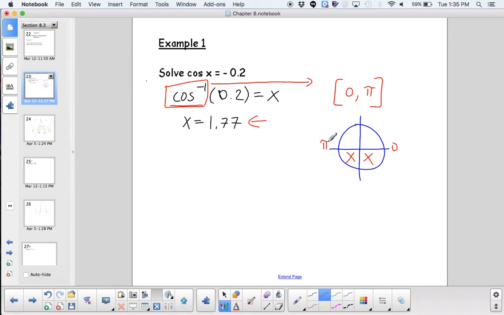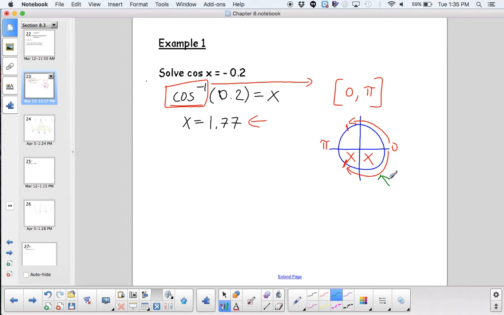And if we've got here that cosine of x is equal to negative 0.2 somewhere over here, that means there's also going to be another solution somewhere down here. If this is a certain distance here, then the negative of that would be here, which is why we need to go back and include the second one.